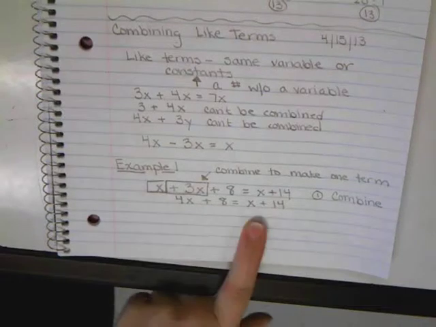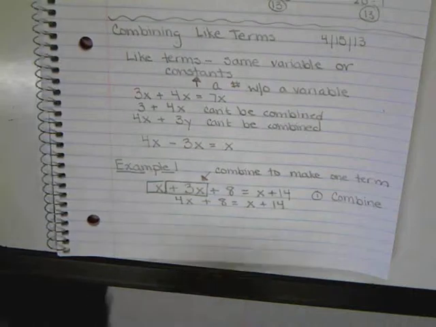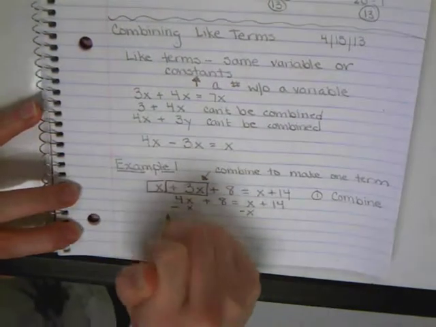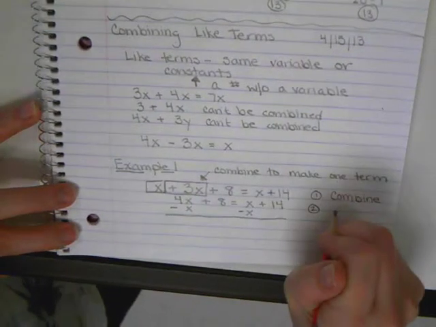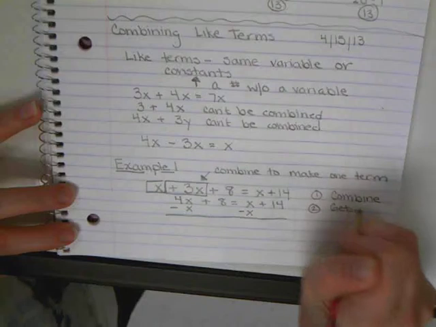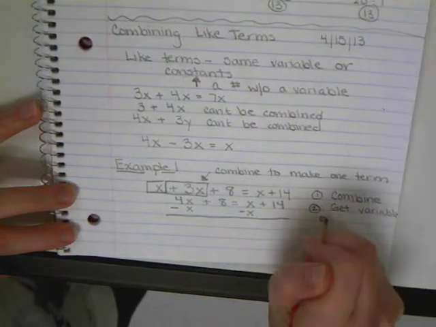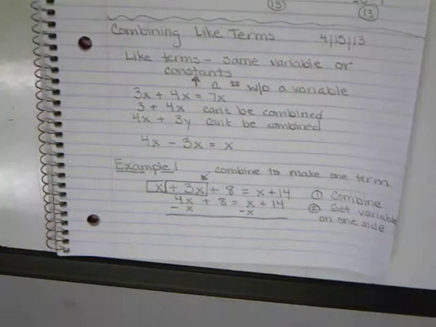No. Does it make it a little easier if I subtract the x and keep positive variables? Yes. So my second step is to get variable only on one side. Subtract an x, subtract an x. Whatever I do to one side, I must do to the other.